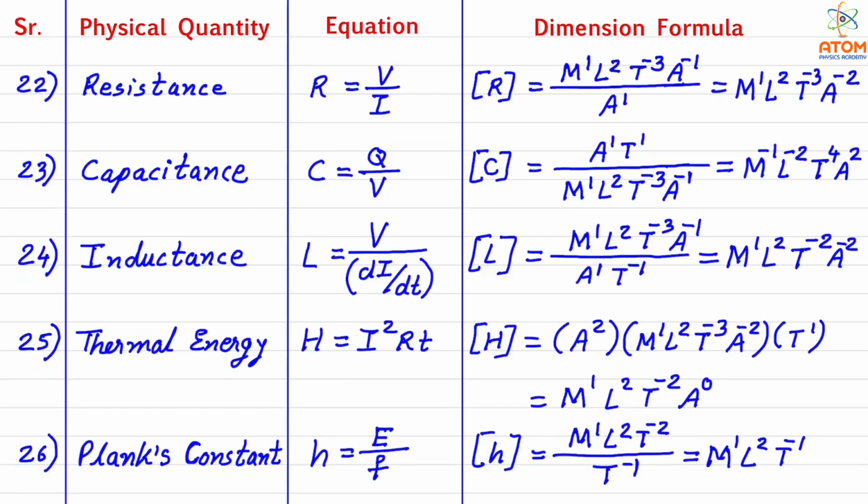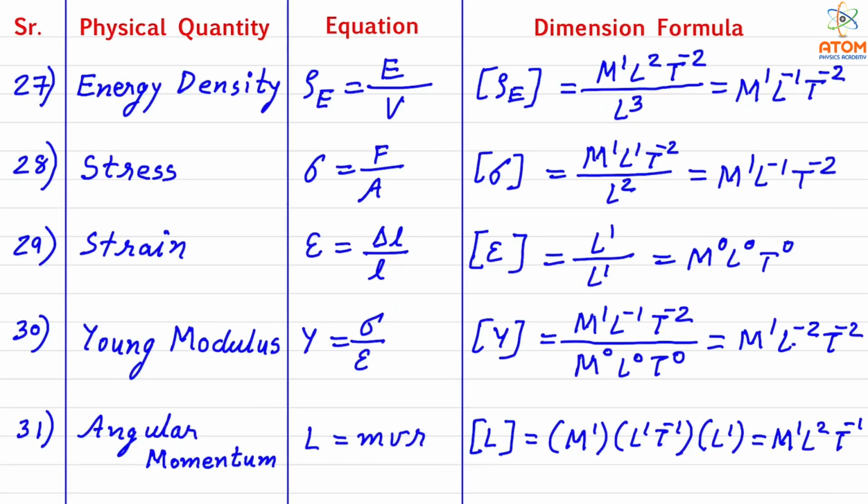From that equation, h can be written as E by f, where E is energy and f is frequency. For energy, the dimension formula is M1 L2 T-2, and for frequency it is T-1. So we can write M1 L2 T-1. This is the dimension formula of Planck's constant. Let's move forward.